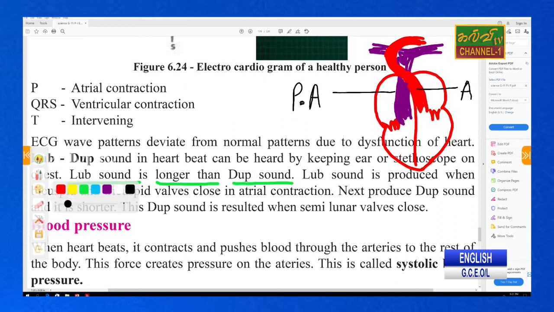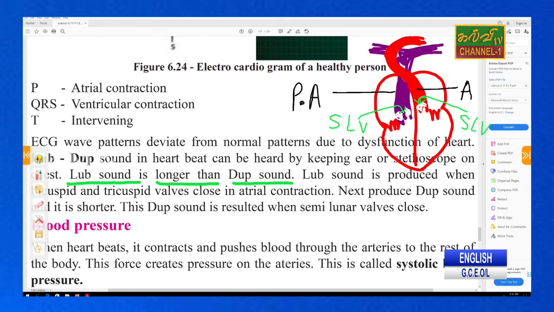In front of the pulmonary artery, where it originates from the heart, we find two valves. These are called semilunar valves.